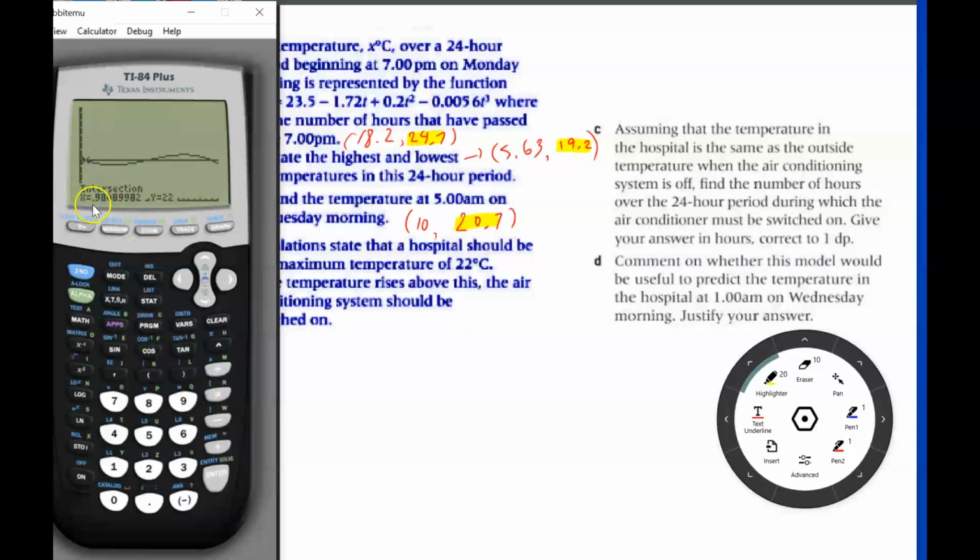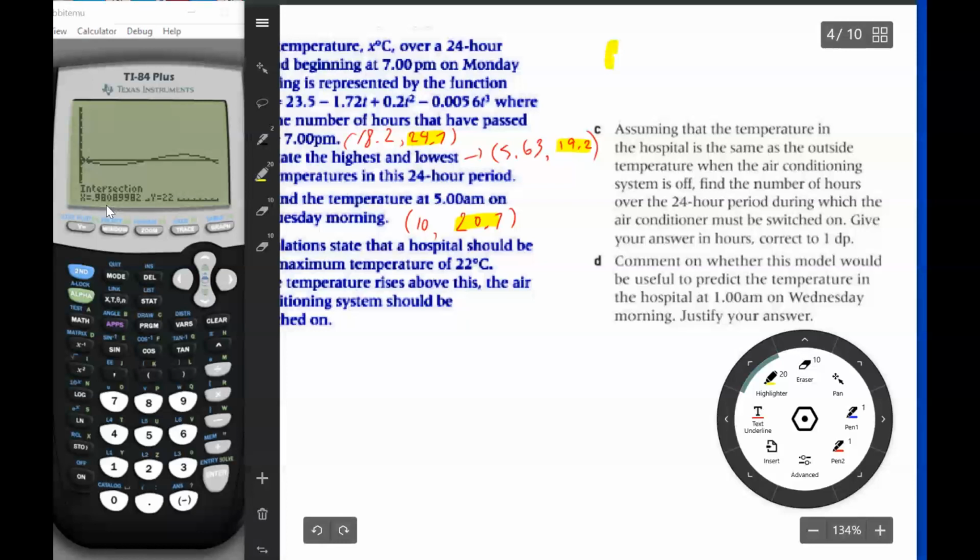And we got 0.981. So for the first intersection point, the first intersection point is 0.981, comma 22.